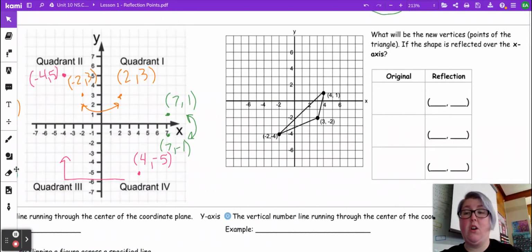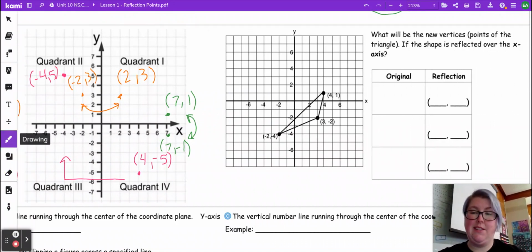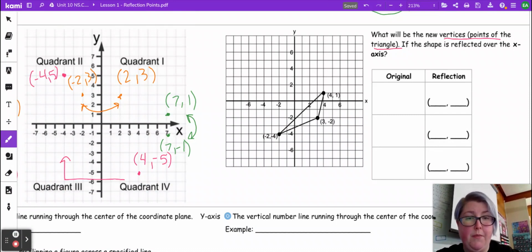All right, so we can also do this with shapes. We can reflect the vertices. Vertices just means the points of a triangle. Don't get too scared. We can reflect all of these points over the X if we know the original. So let's start here at (4, 1).